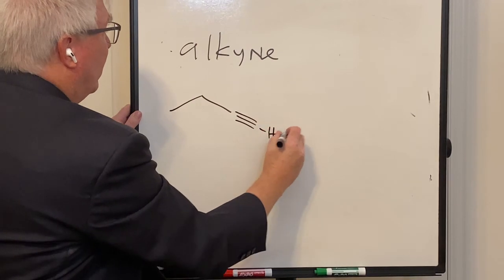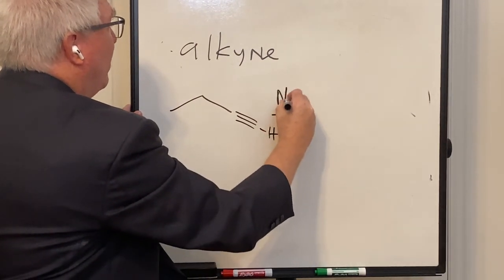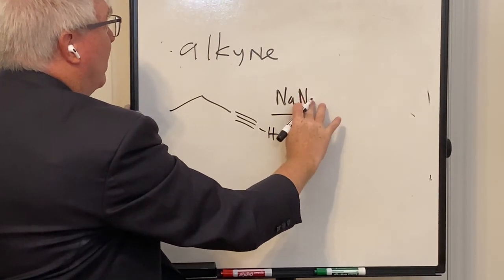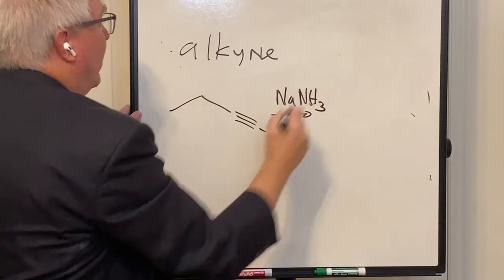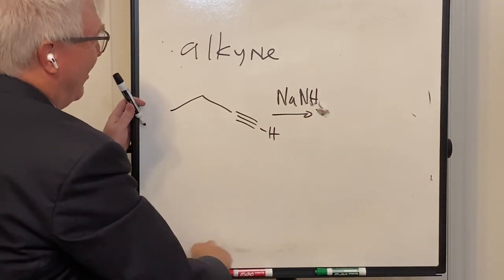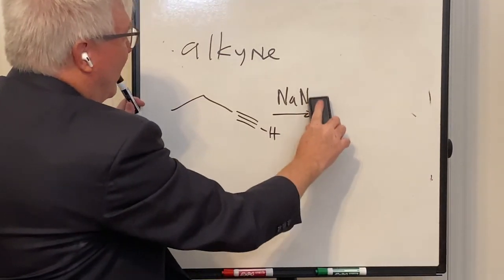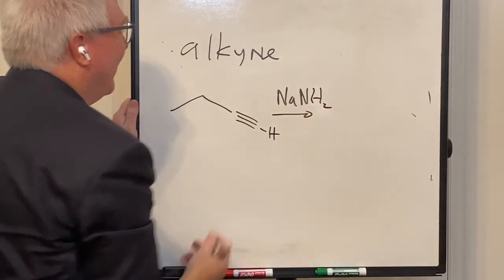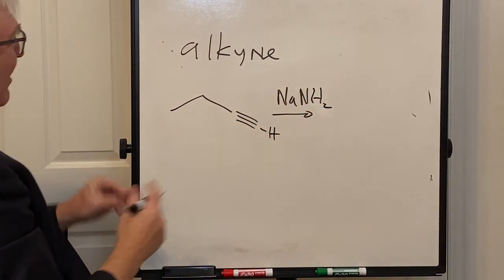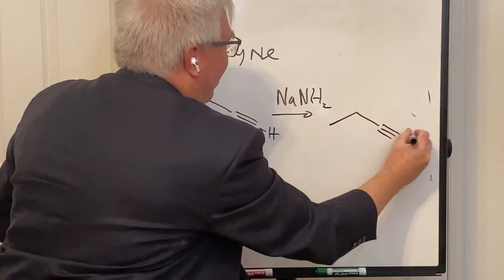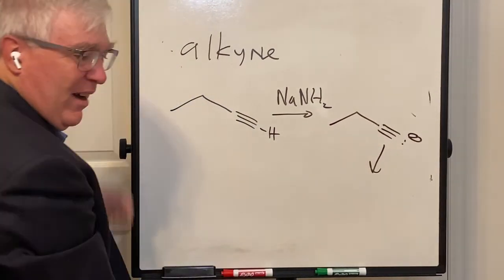Let's do this. So let's react it with sodium amide. Sorry, whiteboard skills failing me. 2 there, okay. Yeah, there we got it. Okay, that will form what? The terminal acetylene anion. And then what do you want to react with?